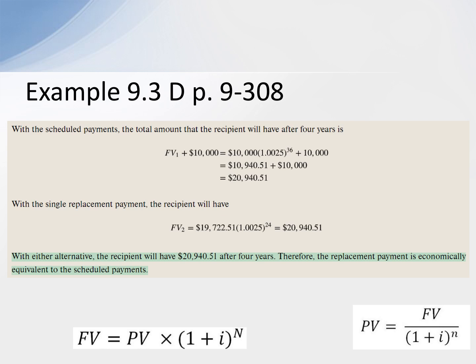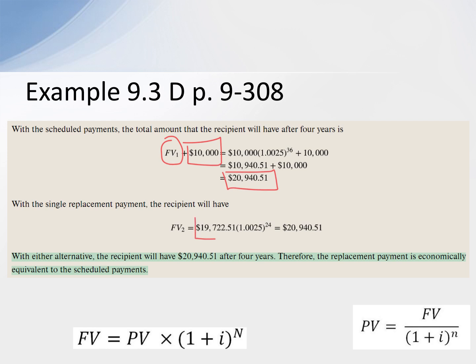So here is a quick summary of the calculation that we would make. We find the future value of that $10,000 at year 1, and we add the $10,000 already existing at the 4th year. We find that the total at year 4 is $20,940.51.